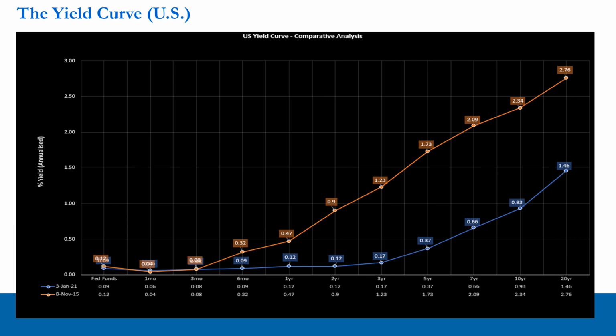So here, and you'll notice this analysis in the spreadsheet that you download in the downloads area, we're plotting two yield curves at two different moments in time. First of all, we're looking at most recently what the yield curve looked like on the 3rd of January 2021. And this is the blue line, okay?